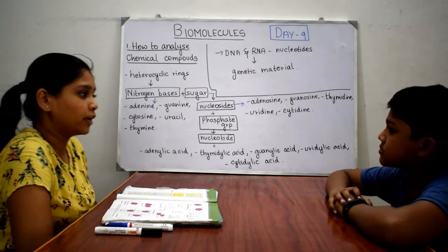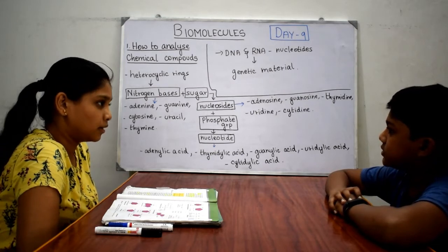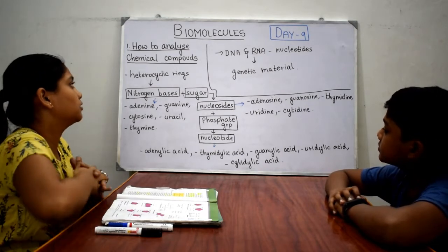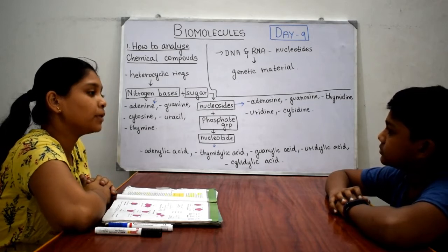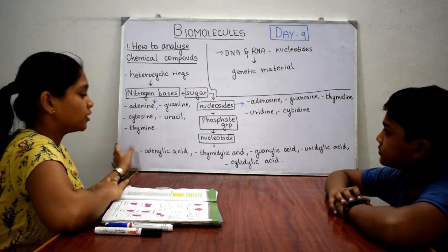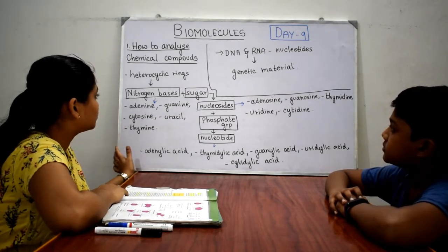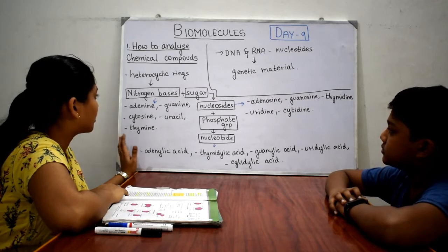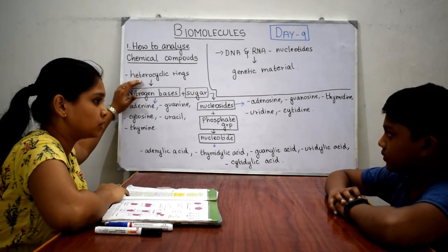In living organisms, there are also heterocyclic rings. Heterocyclic rings are rings of carbon compounds which have some other atoms inside the rings. Examples of heterocyclic rings present in organisms are the nitrogen bases of the genetic material, DNA and RNA.